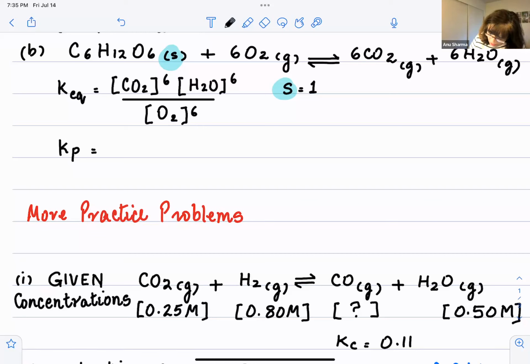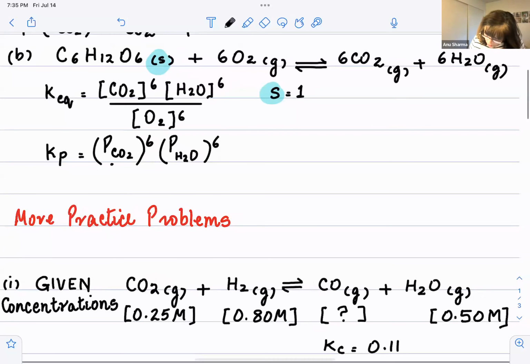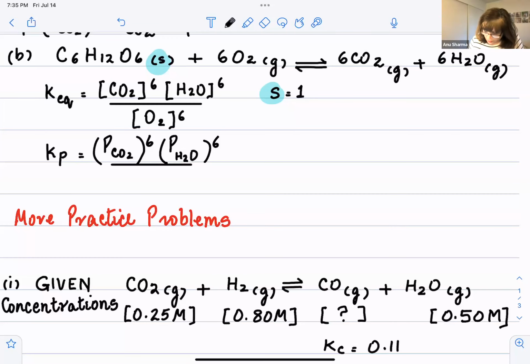The partial pressure of CO2 raised to the power 6, multiplied by the partial pressure of water vapor raised to the power 6, over the partial pressure of oxygen raised to the power 6.